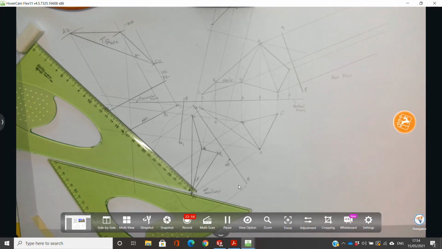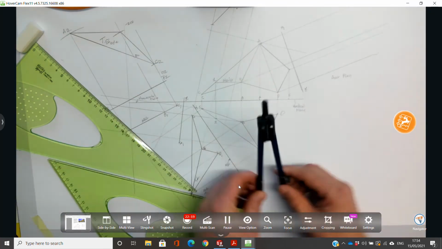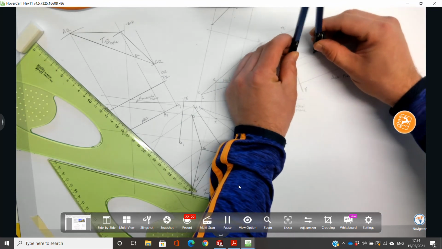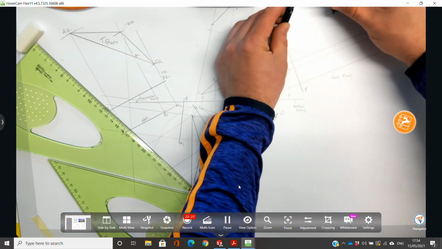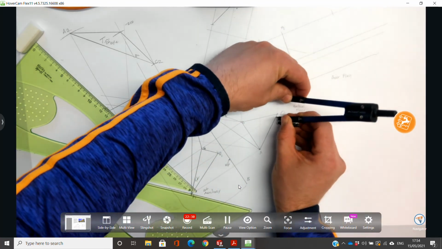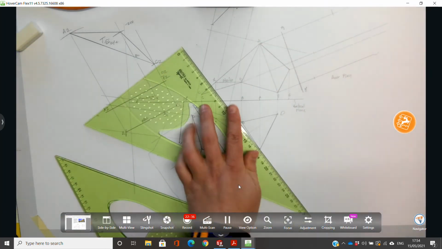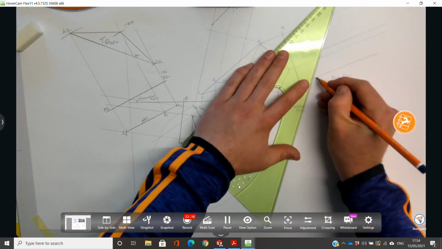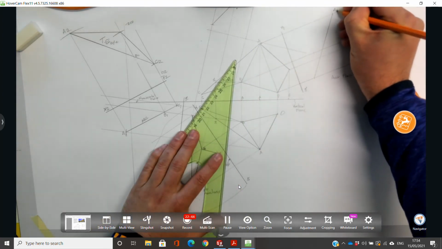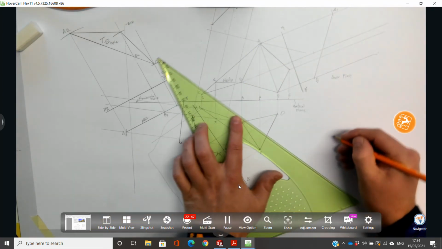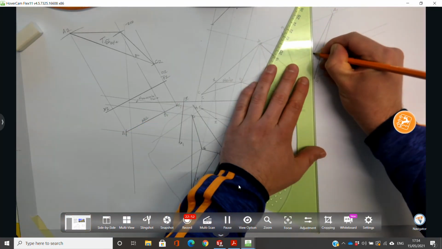We don't have point E in plan, so I'm going to take B, there's B, I'm going to take A, I'm going to take D. I'm going to join D to A2 or D1 to A1, okay, A1 to B1, there's B1.